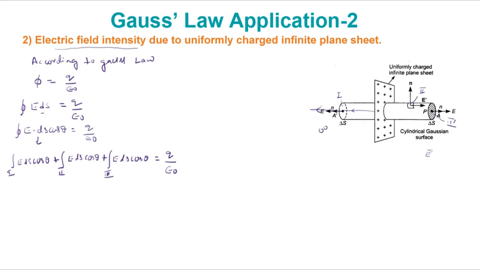Both are in the same direction, so the angle between them will be 0 degree. Same on this side: the field direction and area direction are the same. Part 3 is also 0 degree.